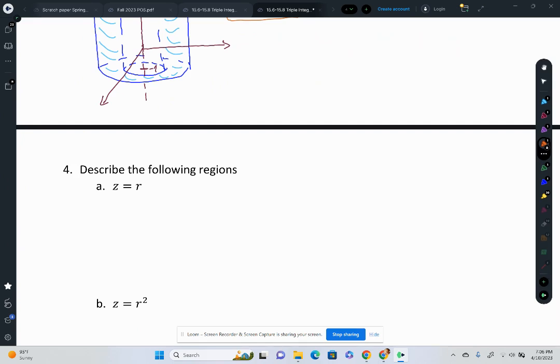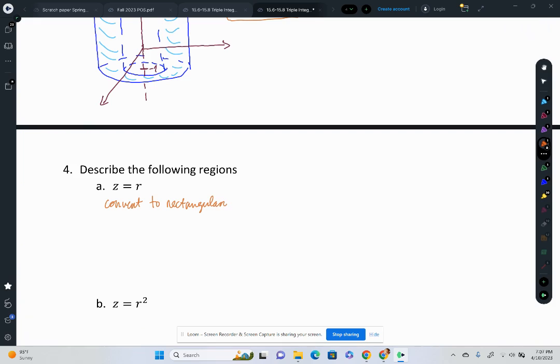The first one is z equals r, and honestly, I don't know what that is, not in cylindrical. I'm not familiar with it enough. And so when I'm working with cylindrical coordinate equations, I convert them to rectangular in order to find something that's familiar for me. So we're going to convert to rectangular.